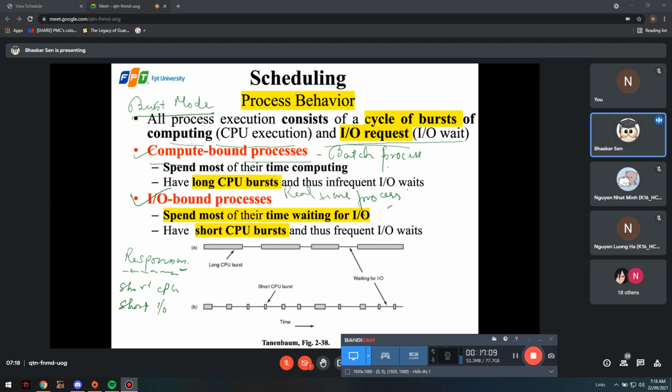So that's the pattern of process behavior for most of the processes, what they're doing while the CPU is executing them in our interactive systems. We have this knowledge of process behavior that will help us to understand the switching actions as they take place.